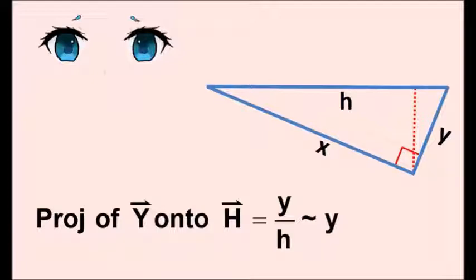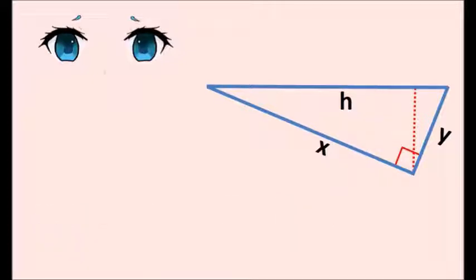So, using these simple proportional projection ratios instead, we can say that h times its projection equals x times its projection plus y times its projection. Done. 1 blink.